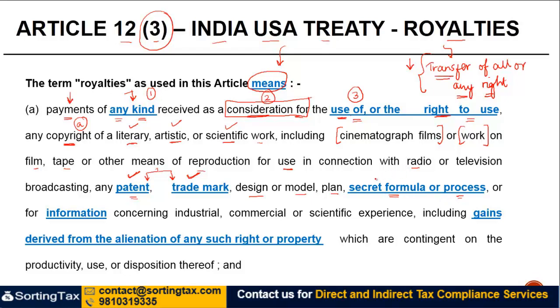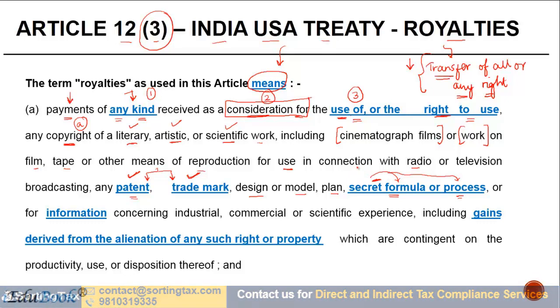Now, there has been a debate whether this word secret would be applicable only to formula or it will also apply to process. Which means, does this mean that the formula and process both have to be secret before it could be covered as royalty? Or it is only the formula, if it is secret, then it is covered?